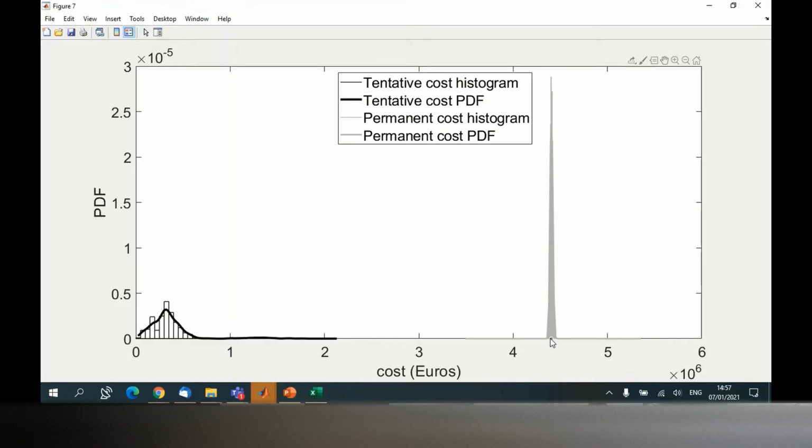You get this number here, 4,400,000, while with the mitigation controller, it's just 300,000. Can you imagine? It's like 12 times more.